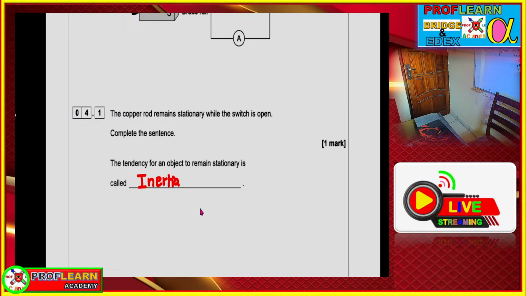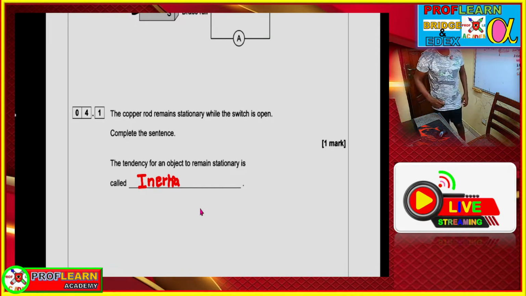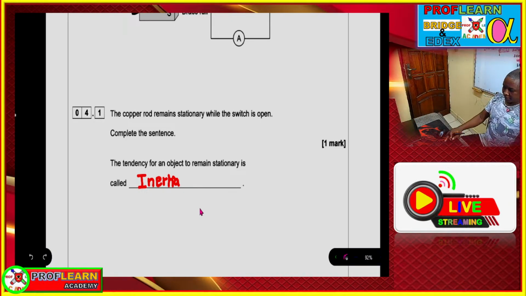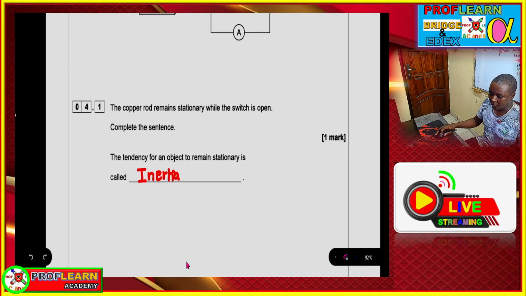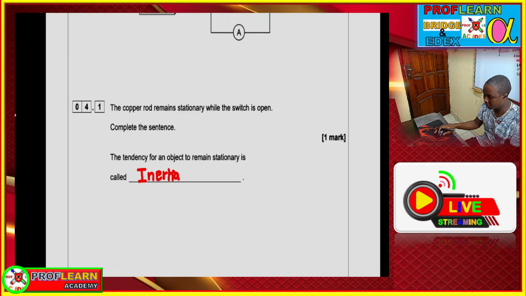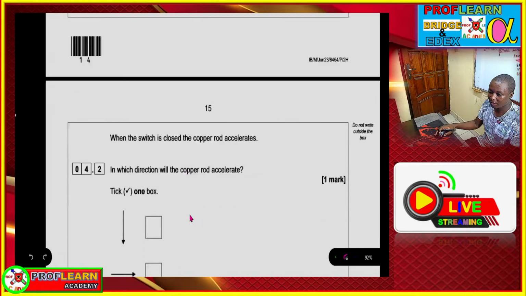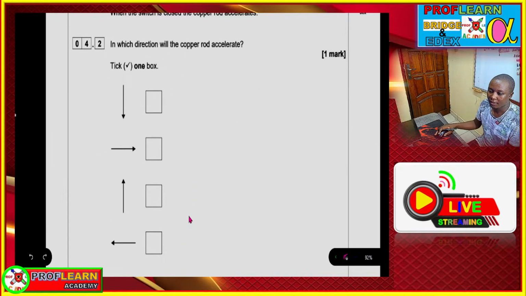Yeah. So that is the first thing you are supposed to identify at that point. Then the next question that is asked at this given point: in which direction will the copper rod accelerate?